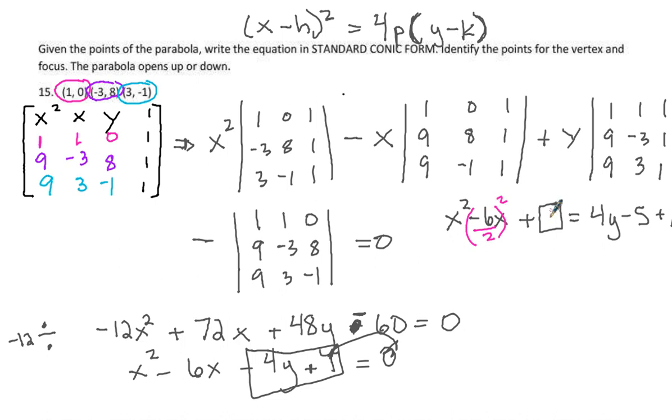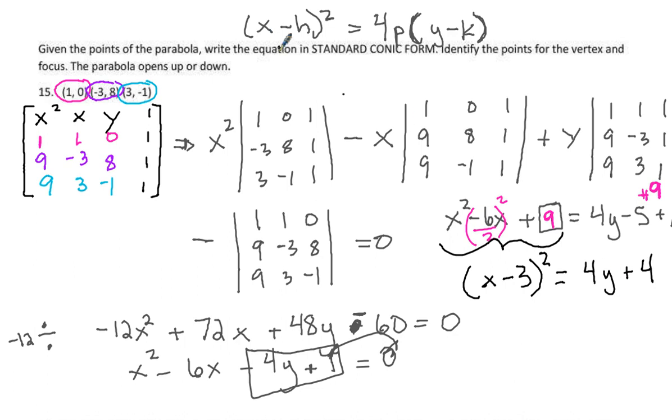Half of 6 is 3, and 3 squared is 9. So I'm going to add 9 to both sides to keep my equation balanced. Now these three terms are a perfect square trinomial, and I can factor it to x minus 3 times x minus 3, which is x minus 3 squared. On the right side, I have 4y plus 4, because that's what negative 5 plus 9 is.